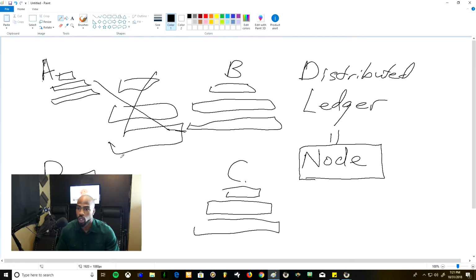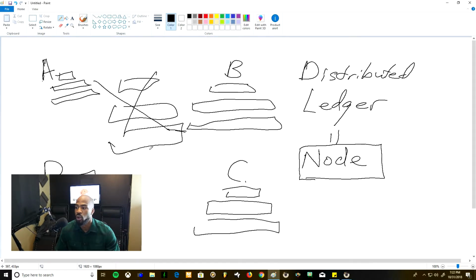Alright, and I'm going to explain the benefit of that, okay? If each individual has their own version of the ledger or their own node, there is no need for a centralized ledger.